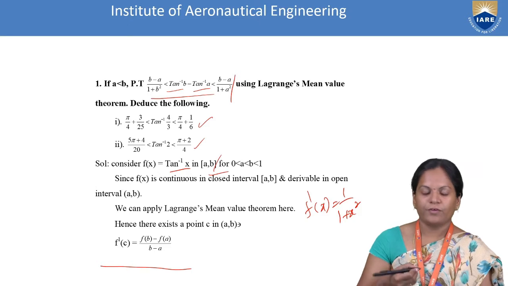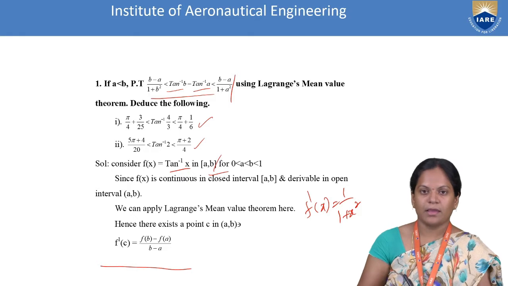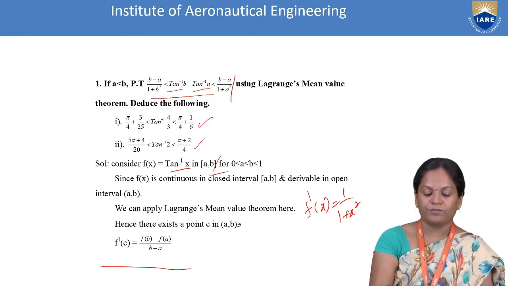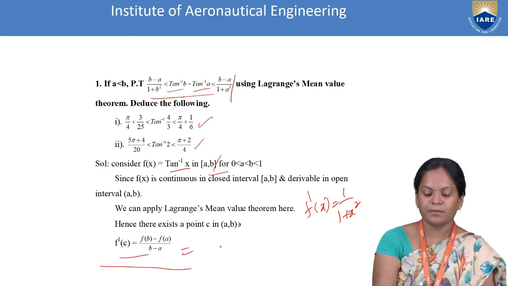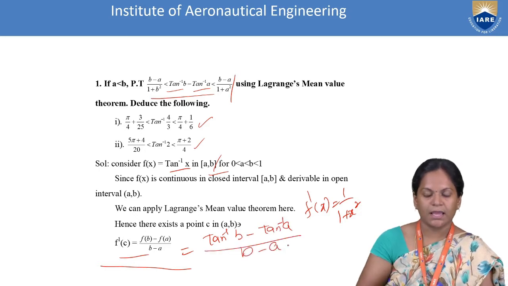Then we have the condition in Lagrange's mean value theorem. If the two conditions are satisfied, then there exists a point c in the open interval a comma b such that f dash of c equal to f of b minus f of a by b minus a. What is f of b? f of b is tan inverse of b, and f of a is tan inverse of a, divided by b minus a.